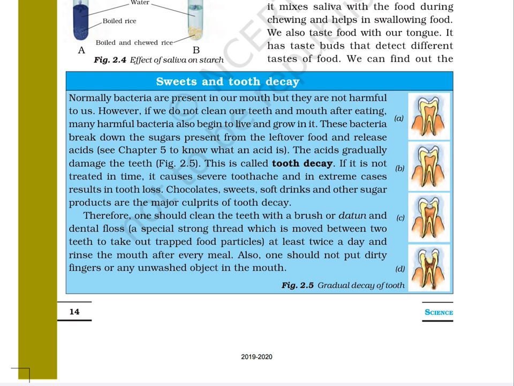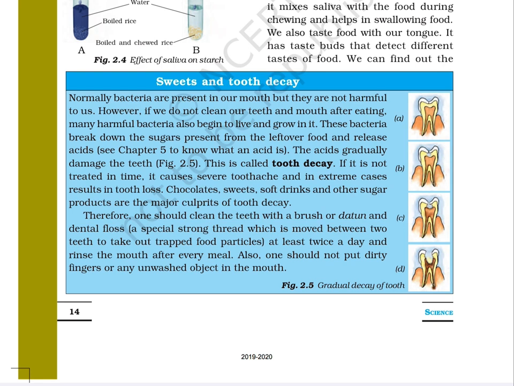Therefore, one should clean the teeth with a brush or datun and dental floss at least twice a day and rinse the mouth after every meal. If you're wondering what a dental floss is, it is a special strong thread which is moved between two teeth to take out trapped food particles. Also, one should not put dirty fingers or any unwashed object in the mouth.